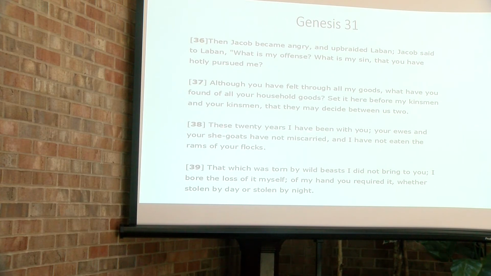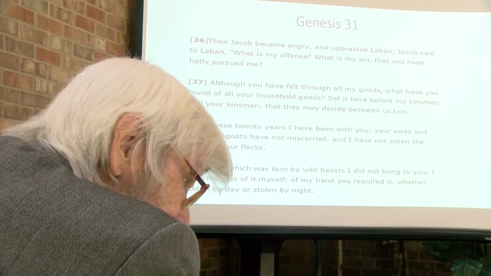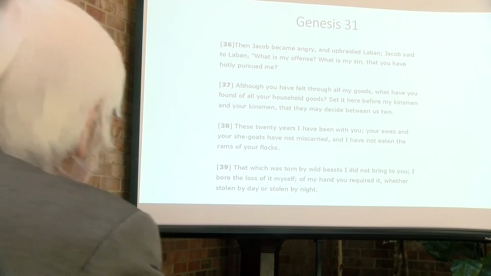These 20 years I have been with you, and your ewes and your she-goats have not miscarried, and I have not eaten the rams of your flocks. That which was torn by wild beasts I did not bring to you. I bore the loss of it myself. Of my hand you required it, whether stolen by day or stolen by night." In other words, Jacob pleads his case that he has not done anything wrong.